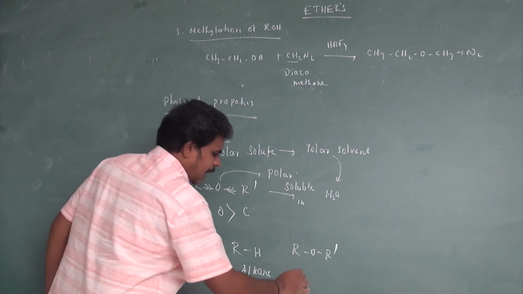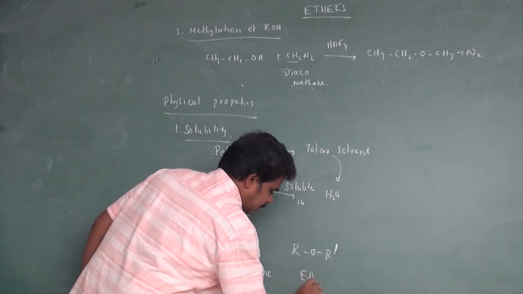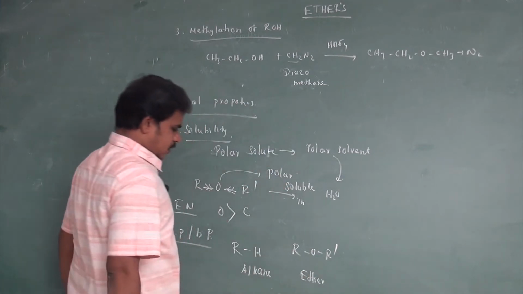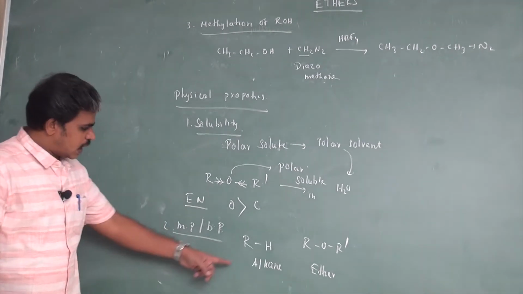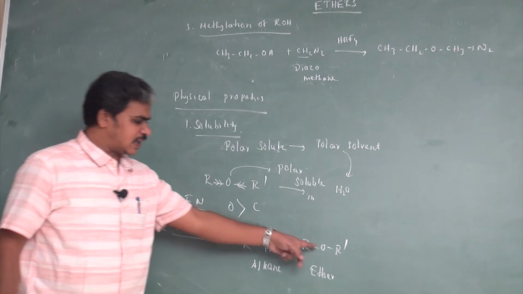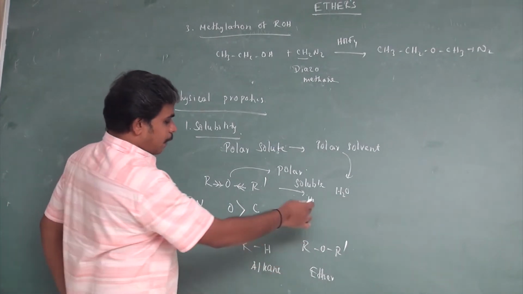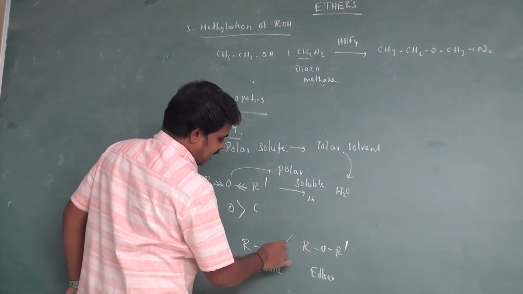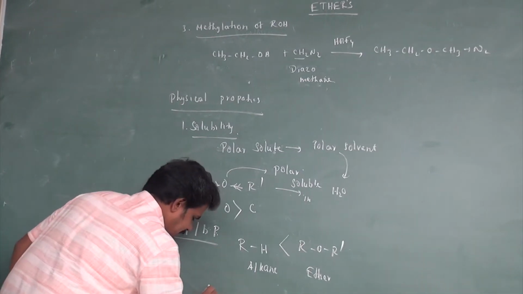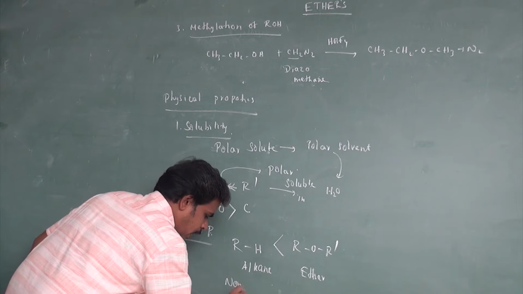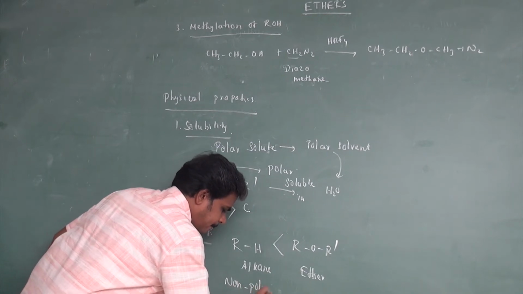So comparing alkane and ether, which one has the highest melting point and boiling point? Now alkane is non-polar, then ether is polar. So a polar component has a higher melting point than a non-polar one.